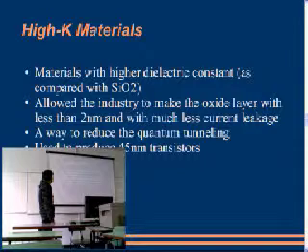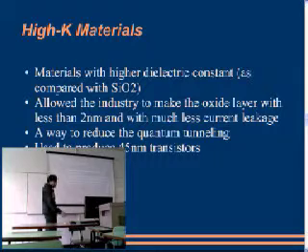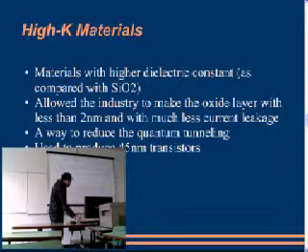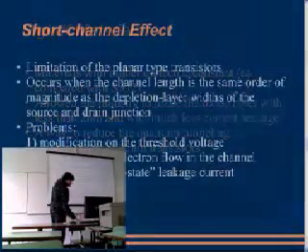Then Intel used this material to produce the 45 nanometer transistor that they make. For Intel, it's extremely important to follow Moore's law, because Moore is a co-founder of this company, and it is pretty important for them to follow the law. This is for quantum tunneling.